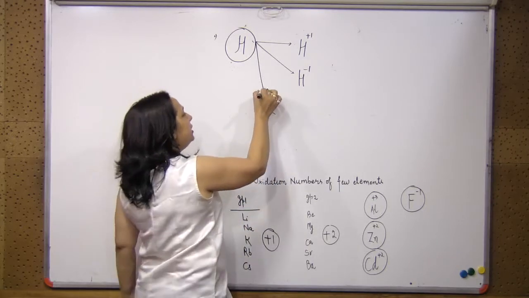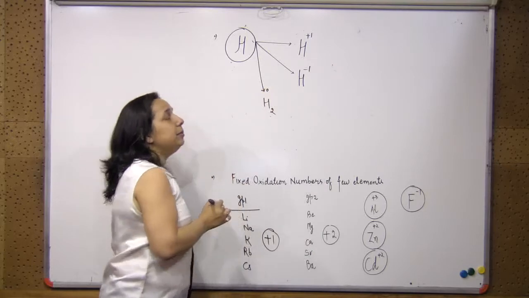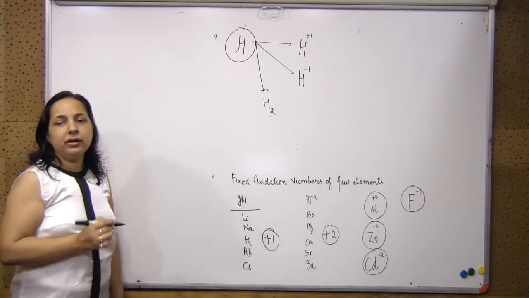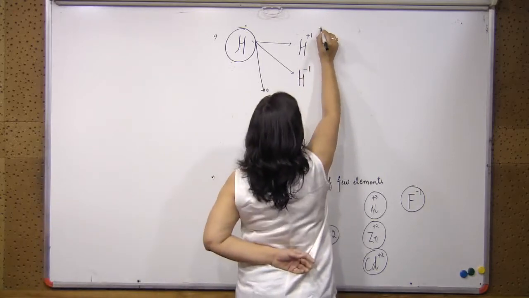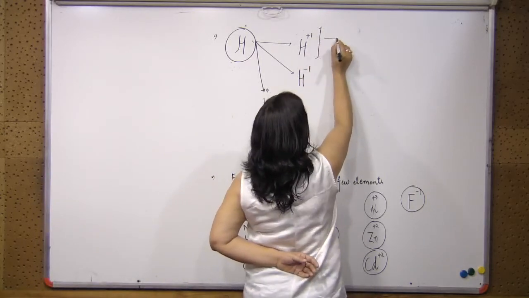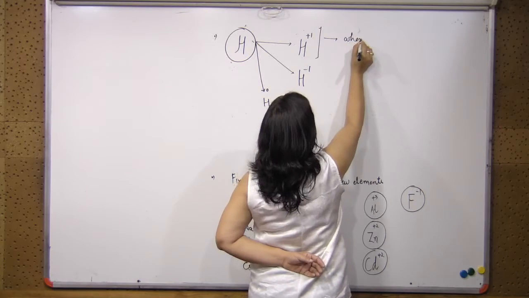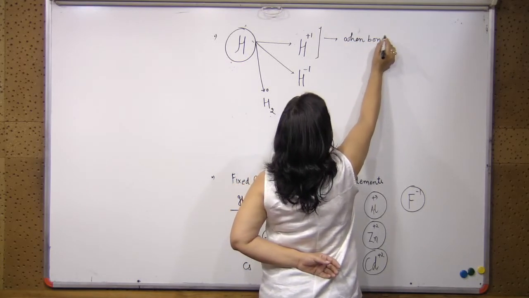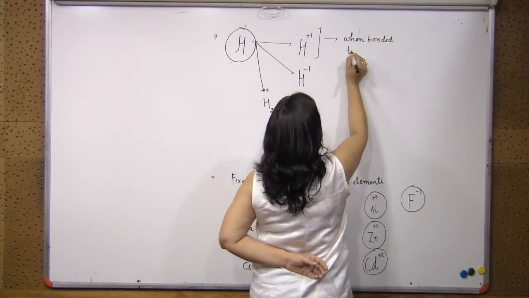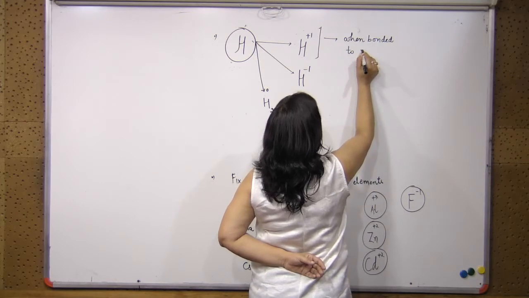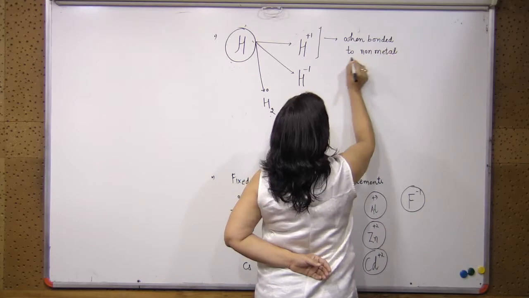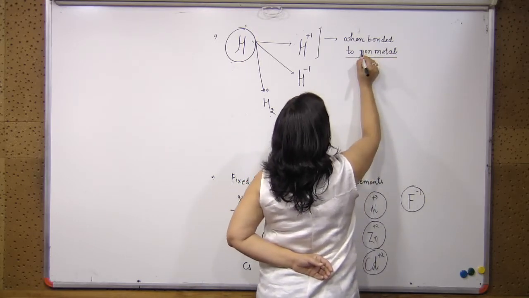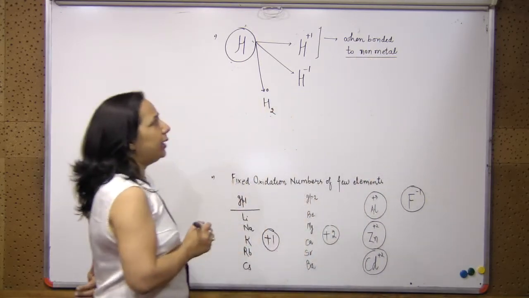It means hydrogen in elementary state is 0 but can be +1 or can be -1 also. Hydrogen is +1 when bonded to some non-metal. If hydrogen is bonded to a non-metal, it's going to be +1.